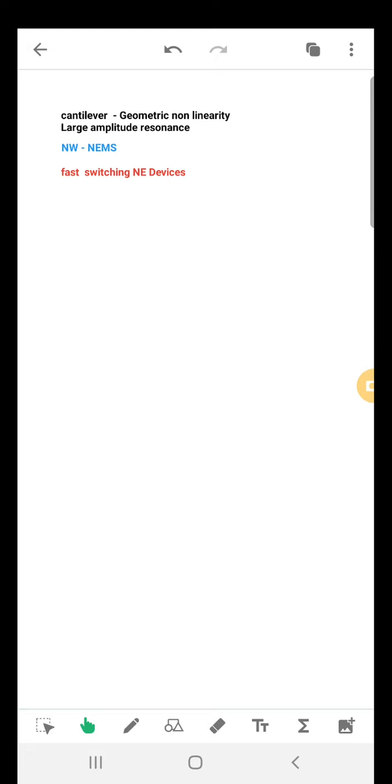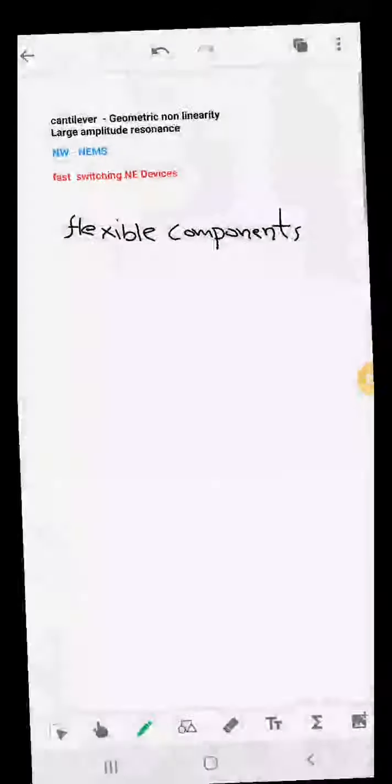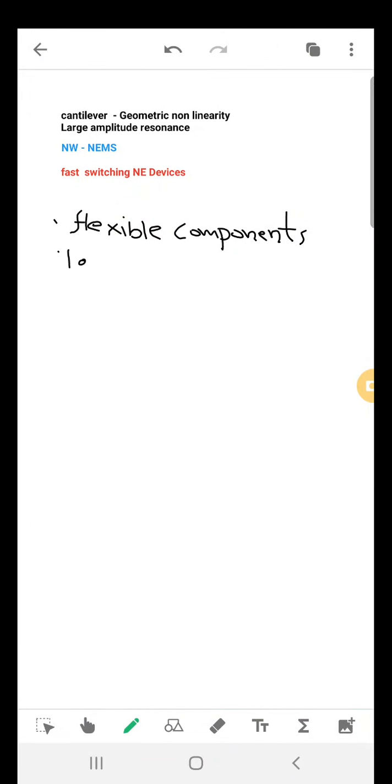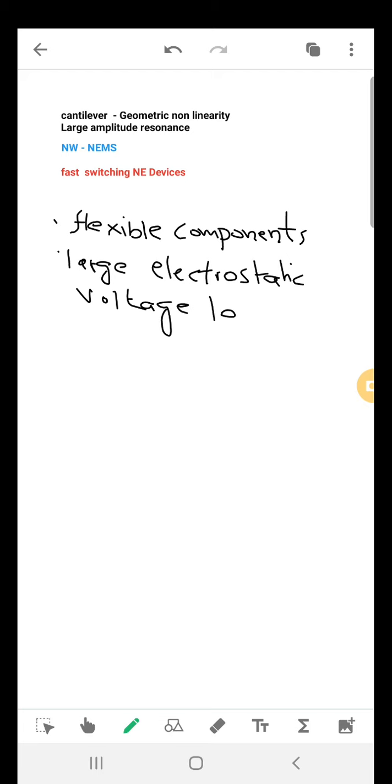Now, this system is characterized by flexible components, and it has a large electrostatic voltage load. And its nonlinear terms are actuated.